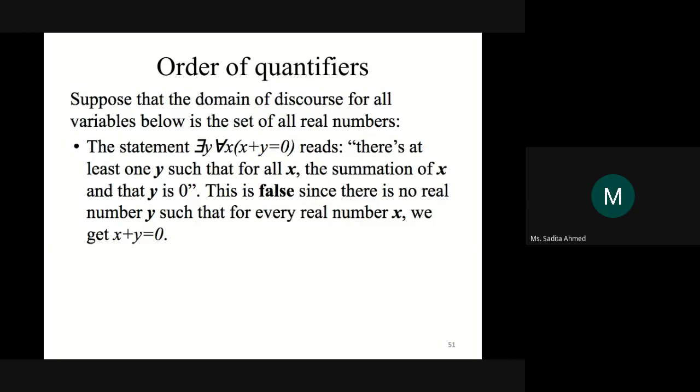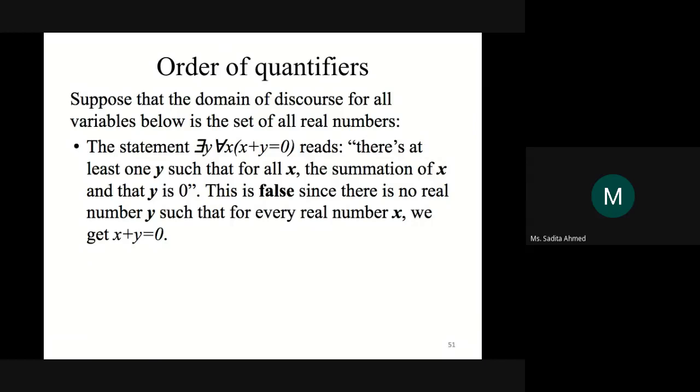It means that every real number must have at least one real number which when added with it gives us 0. True. This is going to be true, because it says at least one real value of y. If we take x equal to 2, then y will be equal to -2. If 3, then -3. If 4, then -4.